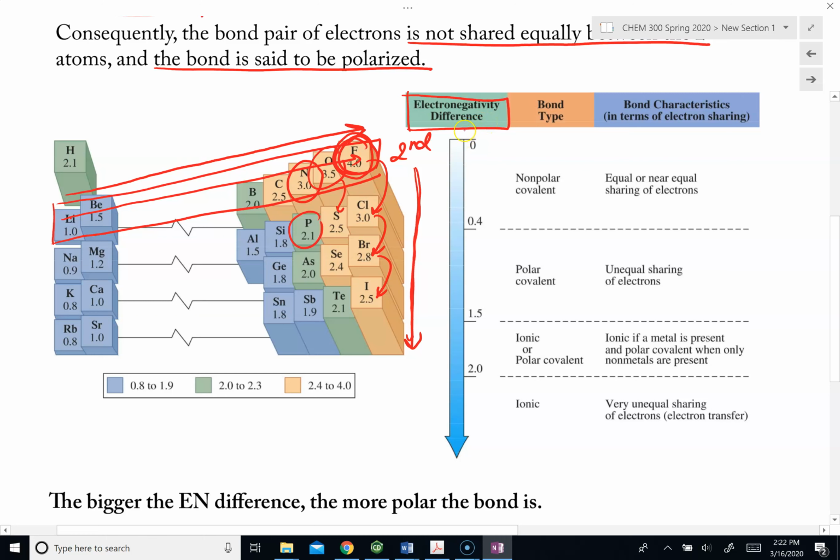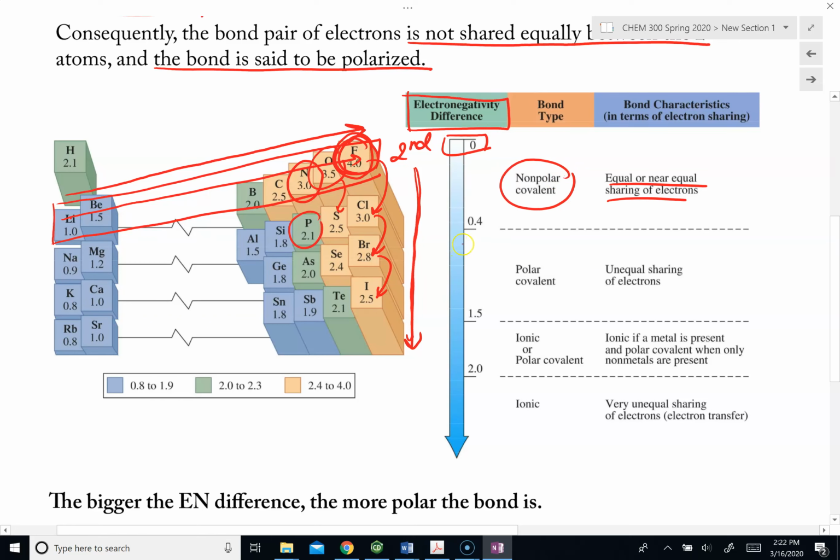If two atoms have very similar electronegativity values, meaning the difference between them is equal to 0, both atoms have equal ability in attracting the bonding electrons to themselves. So the electrons would be shared equally between the two atoms, and thus the bond would be a nonpolar covalent bond.